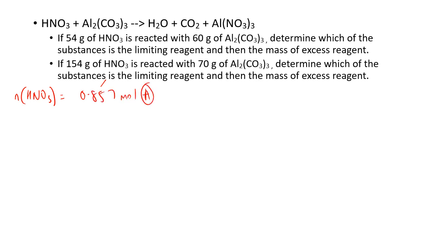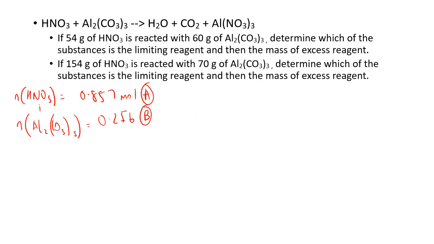That's A. Okay. We can work out the number of moles, and that's the initial one, number of moles of Al2CO3, which is equal to 0.256. That's B. Okay.